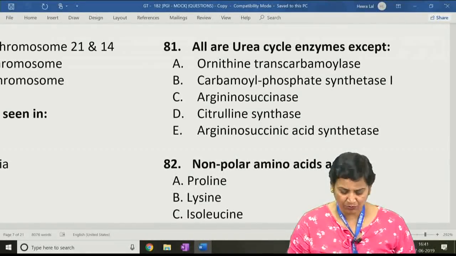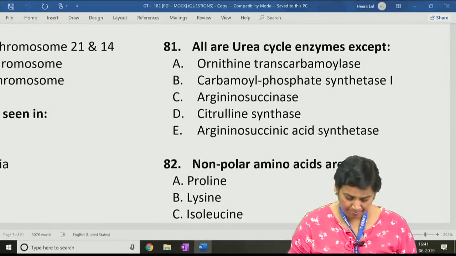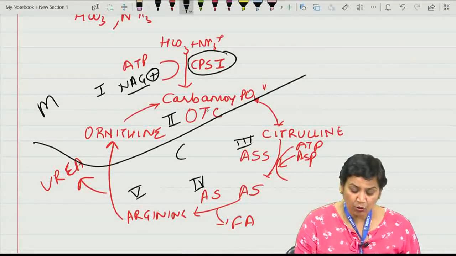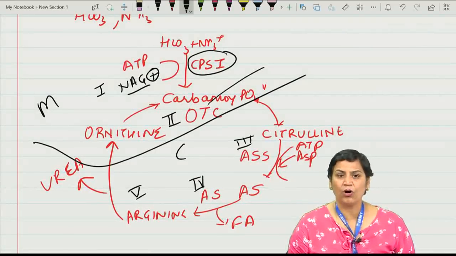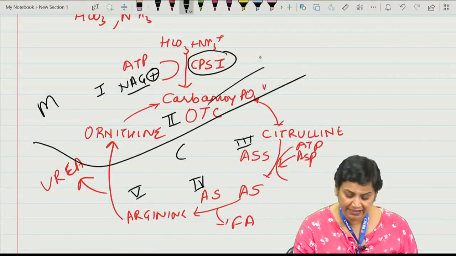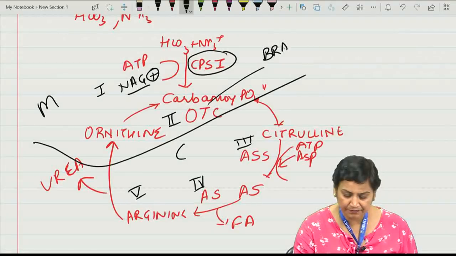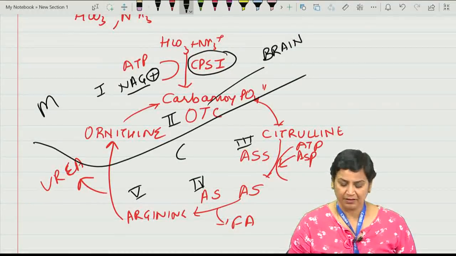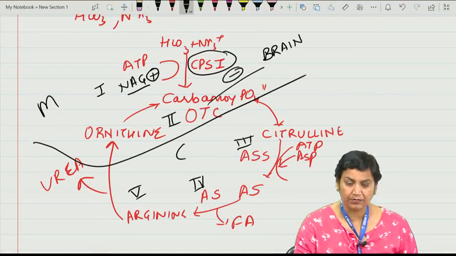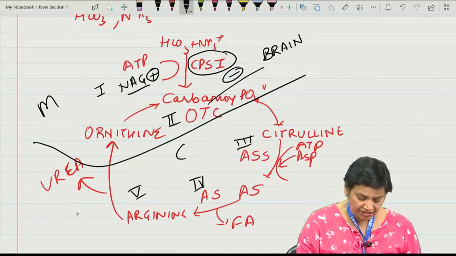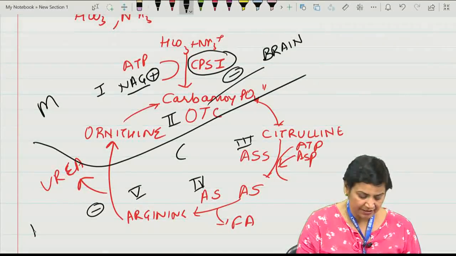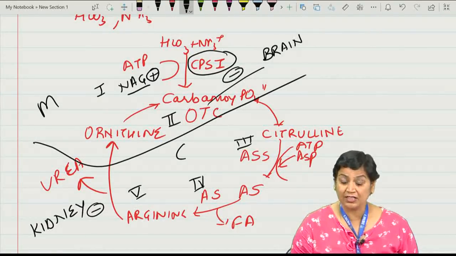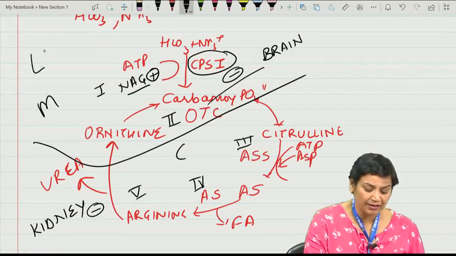Now here one more point I would like to mention. This OTC, ornithine transcarbamoylase, is absent in the brain. And this arginase enzyme is absent in the kidney. That is why we say the urea cycle is operative only and only in the liver.